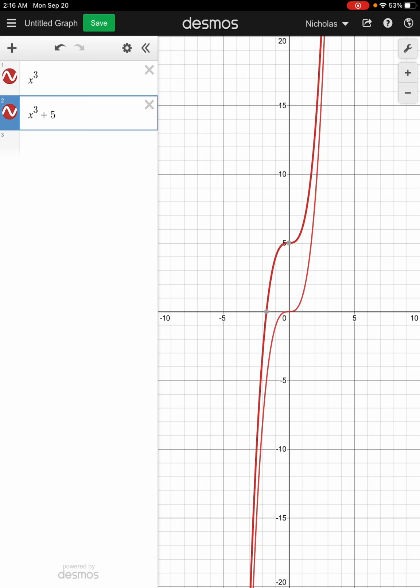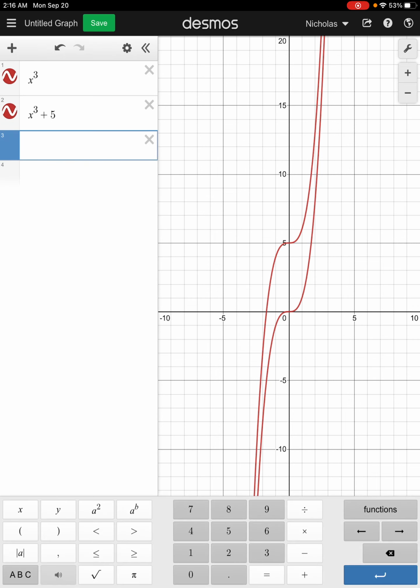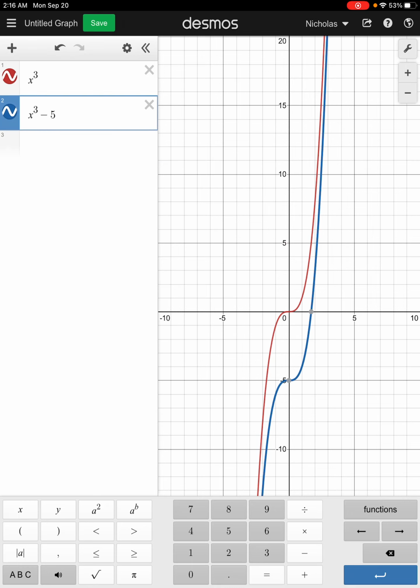I wish it was a different color. And now let's say, hey, I want to take that same function, but instead of shifting it up, I want to shift it down. Well, I'm going to subtract 5 then. So shifting up and shifting down, I can add or subtract.